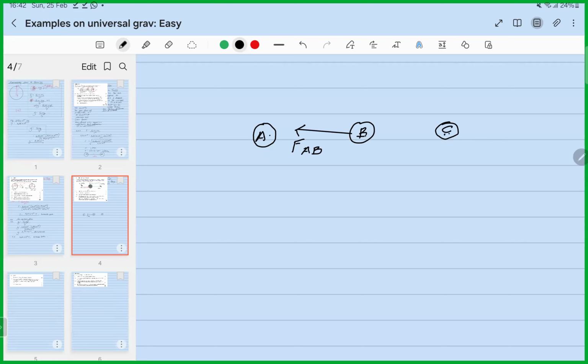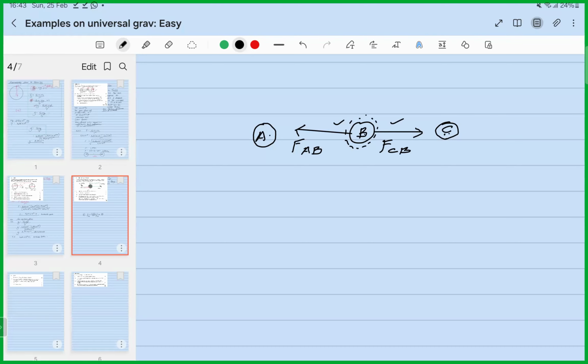Because C is another mass, B is a mass. C is going to attract B in that direction. That's the force that C applies on B. If these two gravitational forces are equal in magnitude and opposite in direction, B will have a net gravitational force which is zero. And when you experience a net gravitational force which is zero, you are actually technically weightless.